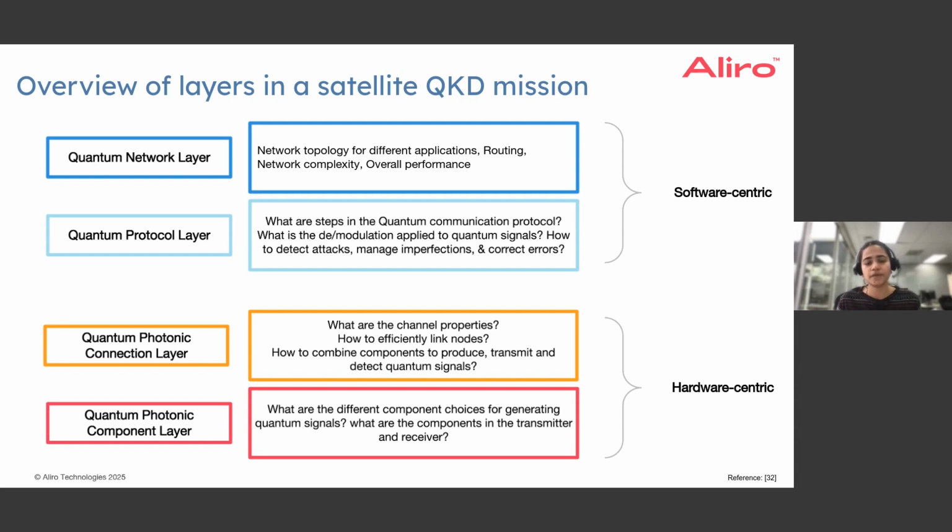How do we optimize for the overall performance in terms of fidelity of the state, in terms of key rates? All of this comes together here in the network layer, and we can already see, these layers are very much dependent on the design of the system, and the software plays a key role in also allowing the user to interface with this hardware layer.